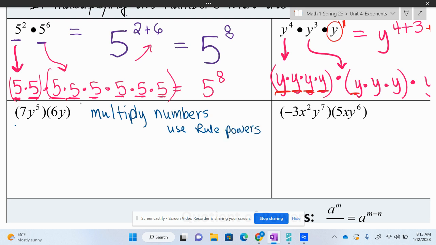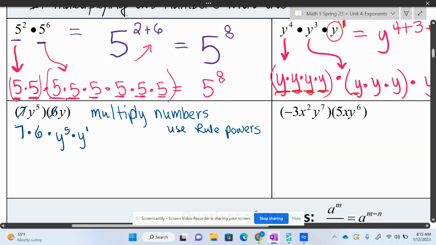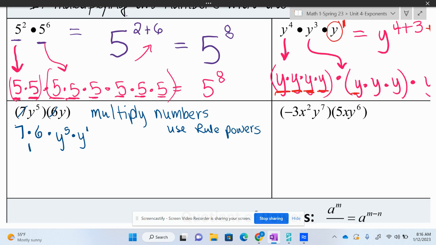So if I just multiply the numbers, I really have 7 times 6, right? Because it's a multiplication problem. And then I have y to the fifth times y. And that y is really y to the power of 1. Okay. So 7 times 6 is 42.